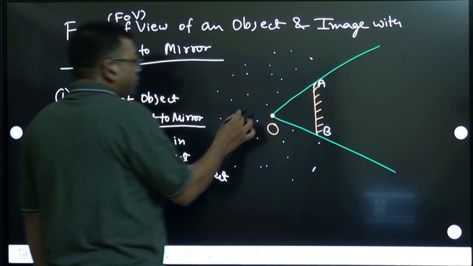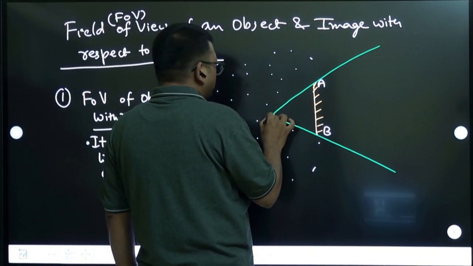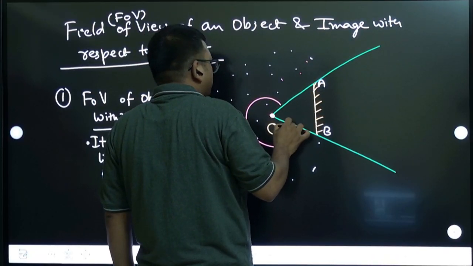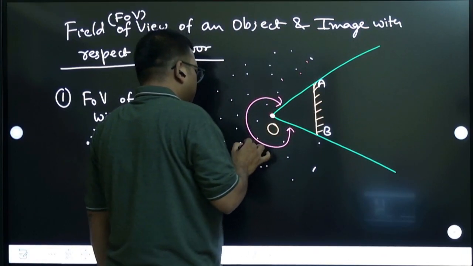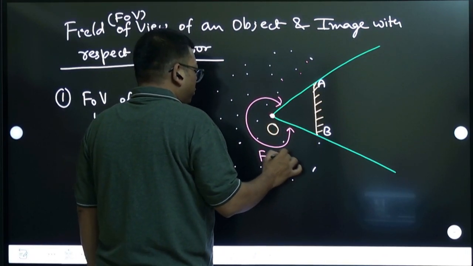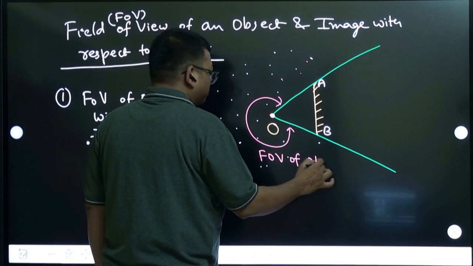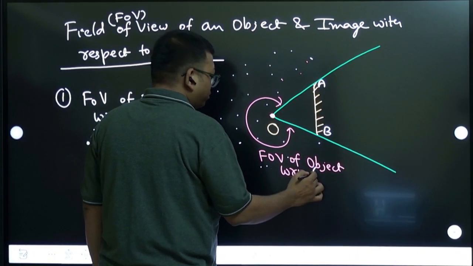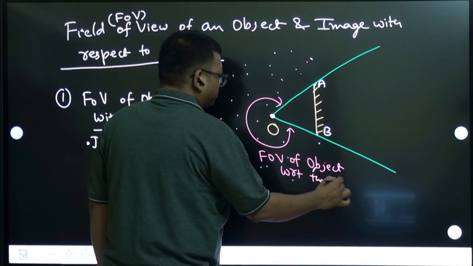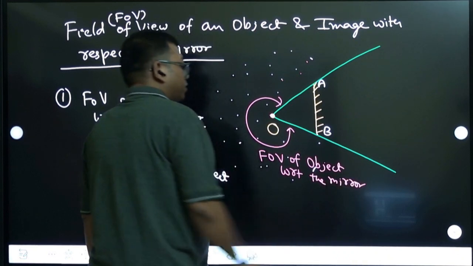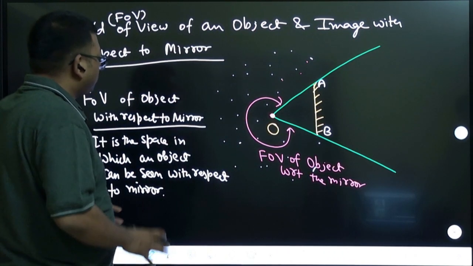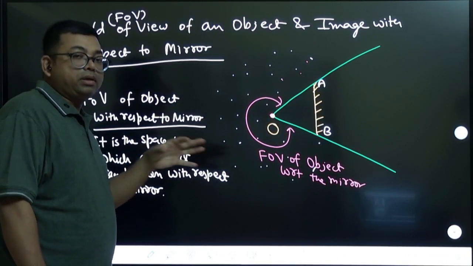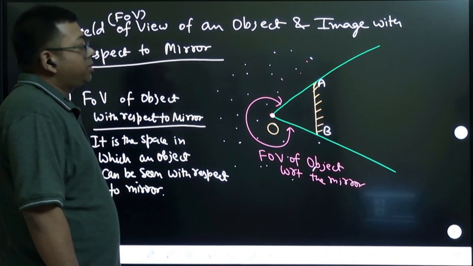If a person wants to see this object, he has to be present in this space. So this entire space is the field of view of the object with respect to this mirror. Field of view is nothing but the space in which the object can be seen relative to the mirror.